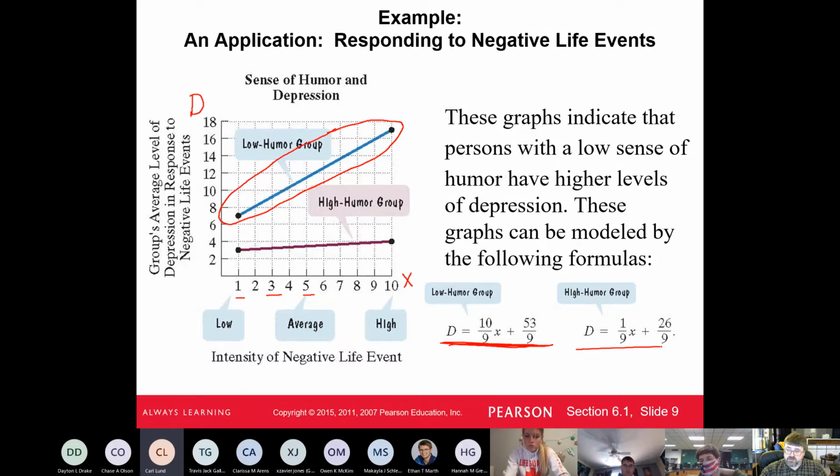And then for the high humor group, that formula represents our lower graph, the one that looks sort of purplish. We have the level of depression, D, equals 1/9 x, where x is, again, how intense the life event is, plus 26/9. Now, I know I spent a lot of time on this graph right now in class. Sometimes that's how much time you should spend on the graph when you look at it in your textbook or on a test or a quiz.